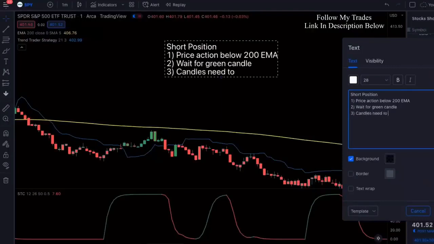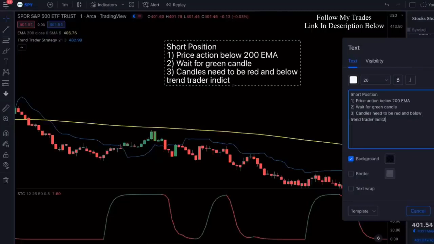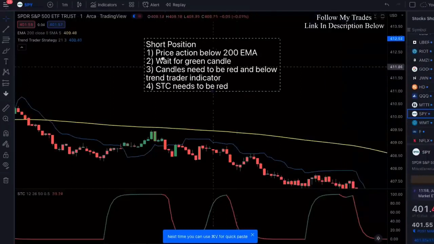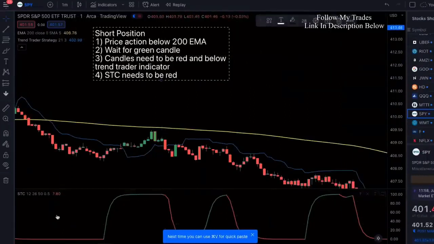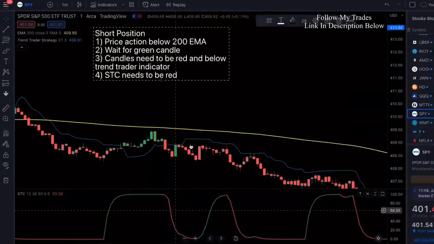Candles need to be red and below the trend trader indicator. And then number 4, STC needs to be red. And that's why I really don't care what the plotting is over here, because we're just looking for the red or the green.